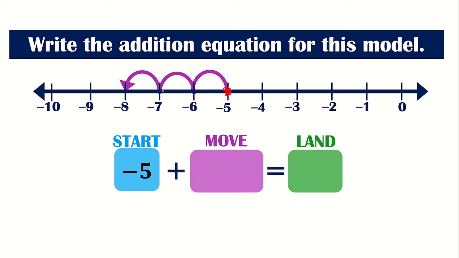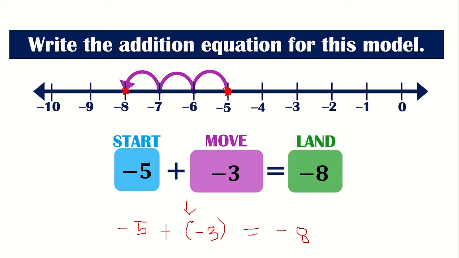So that's 1, 2, 3. So -3. And where did it land? It's here in -8. So you can write this one as -5 plus the quantity of -3 is equal to -8.